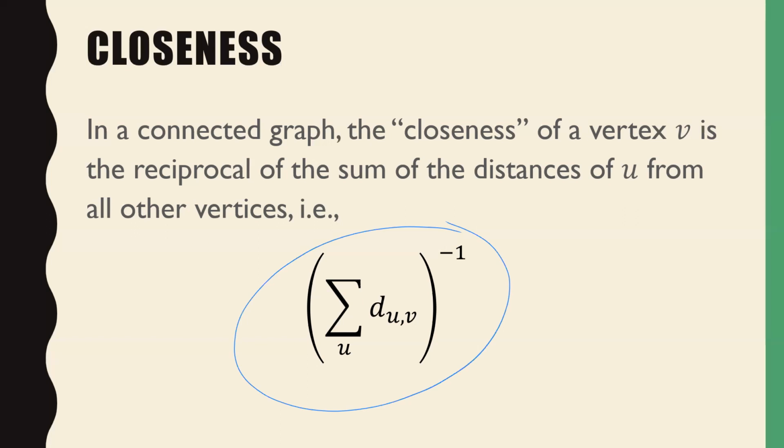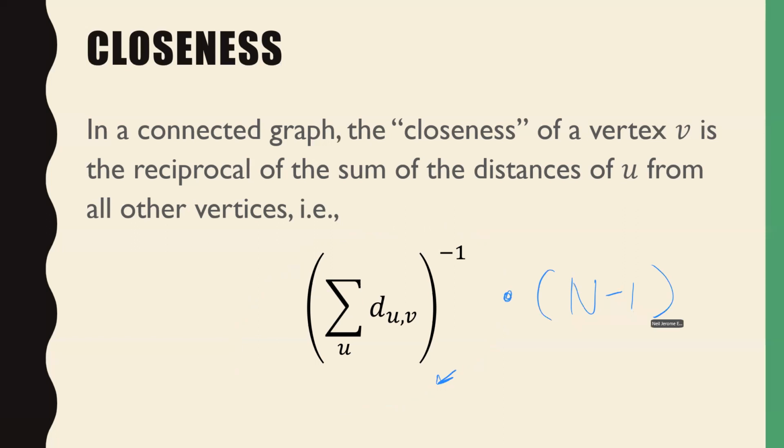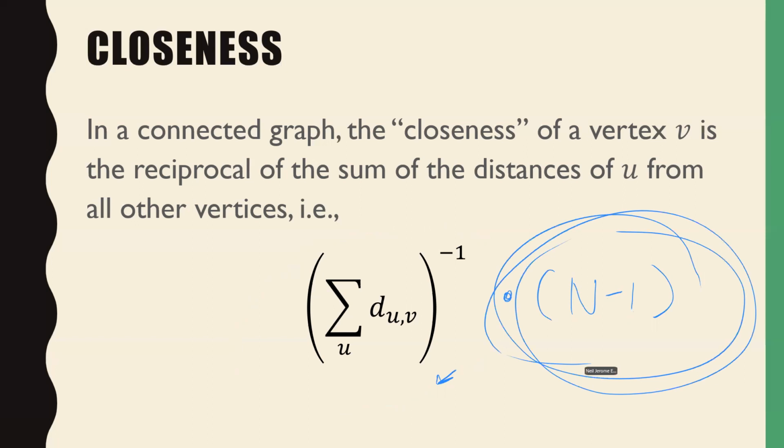So ito yung gagamitin kong definition ng closeness. Pero yung ibang references, ang ginagamit nilang definition ng closeness ay naka-multiply to sa n-1. Okay? Sa order minus 1. Para siya talaga ay maging reciprocal ng average distance. Pero this is just a scaling constant, so it doesn't matter too much.